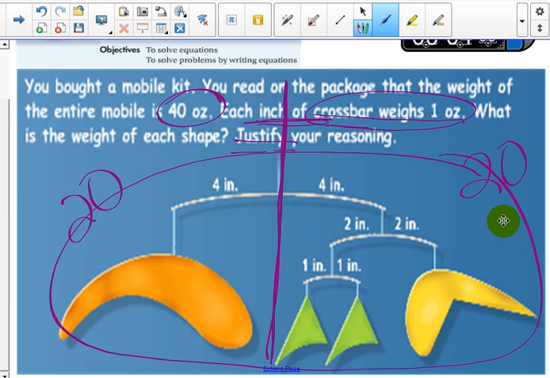And if each inch of this bar is 1 ounce, we have 4 inches here, so there's 1 ounce, 2 ounce, 3 ounce, 4 ounce. So this shape must be 20 minus 4, okay?